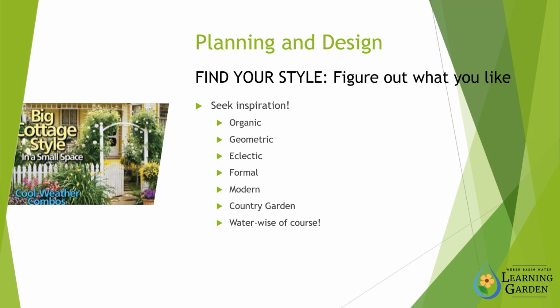There are a lot of different styles. You can go something that is a little bit more organic or more geometric, formal or modern, eclectic, country garden. So try to find inspiration to what type of style fits you and your personality and your use.